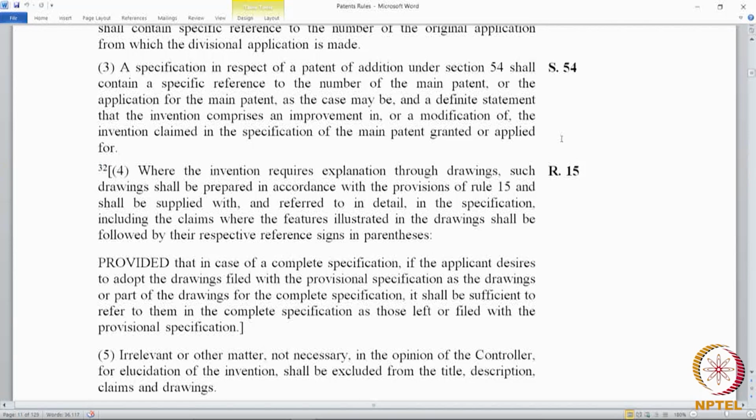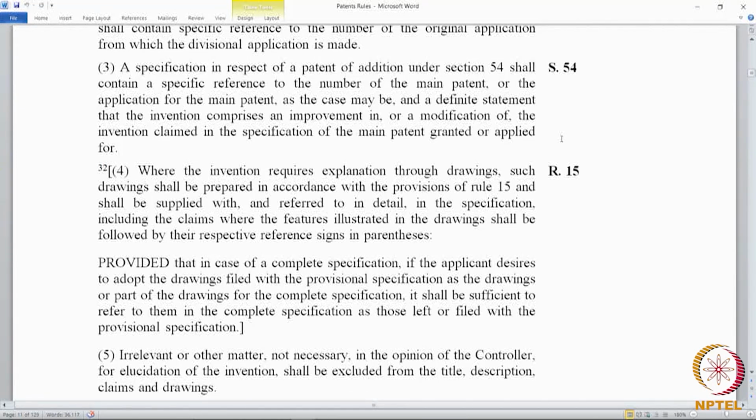The proviso says that in the case of a complete specification, if the applicant desires to adopt the drawings filed with the provisional specification as the drawings or a part of the drawings for the complete specification, it shall be sufficient to refer to them in the complete specification as those filed with the provisional. So, you could also file drawings along with the provisional specification, and you could cross reference the drawings in the complete.